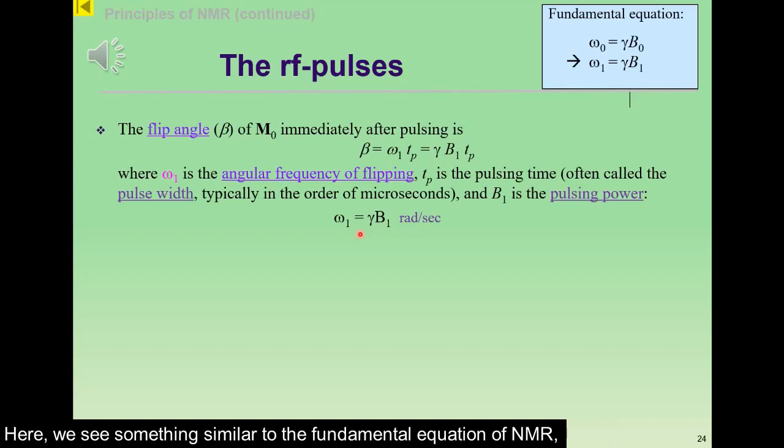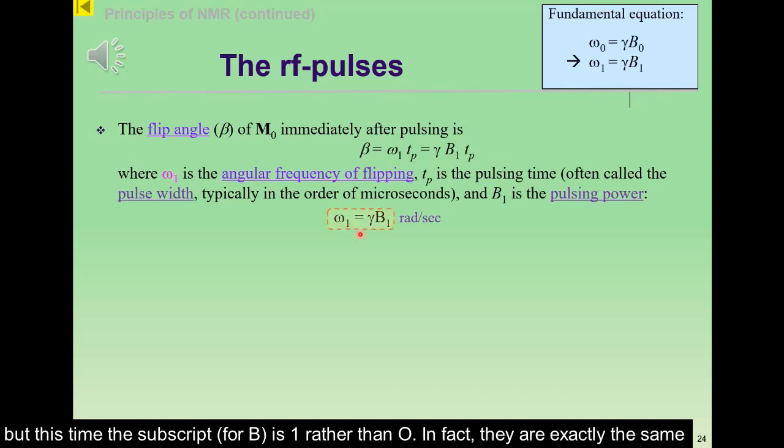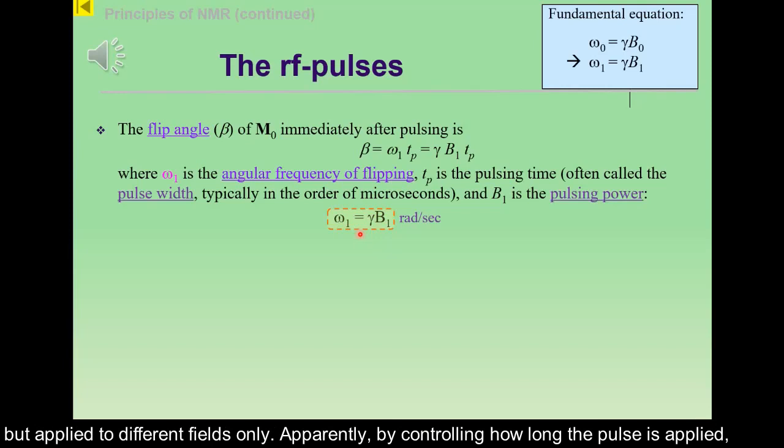Here we see something similar to the fundamental equation of NMR. But this time the subscript is 1 rather than 0. In fact, they are exactly the same, but applied to different fields only.